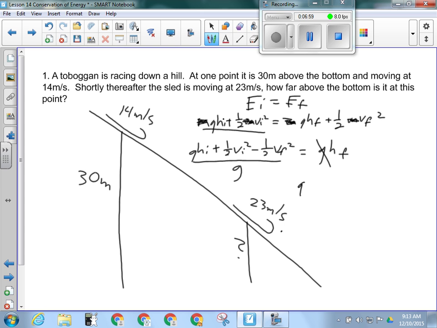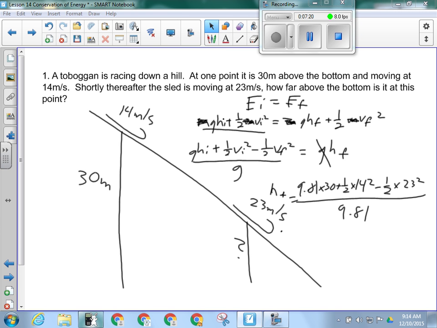So 9.81 times 30 plus 1/2 times 14 squared. So there's my initial potential, my initial kinetic, minus my final kinetic, 1/2 times 23 squared, divided by 9.81 should give me HF.